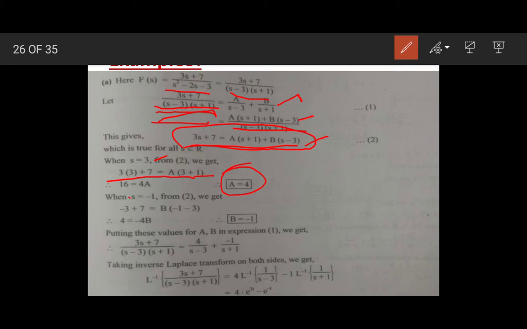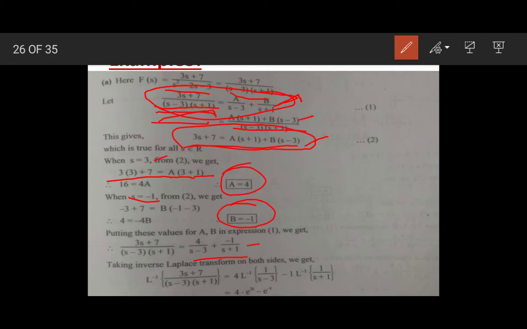Then we substitute s as minus 1, and by substituting s as minus 1 I will get the value for b, and b is minus 1. After getting the a and b values, I will put a and b in this partial fraction. So we get this as 4 upon s minus 3, okay, then plus minus 1 upon s plus 1.